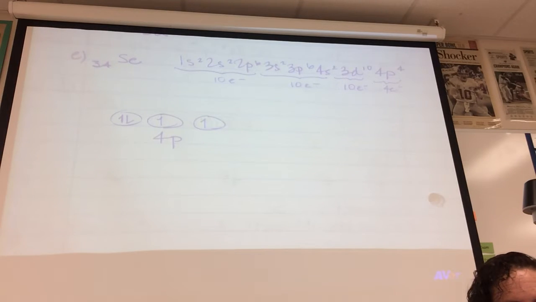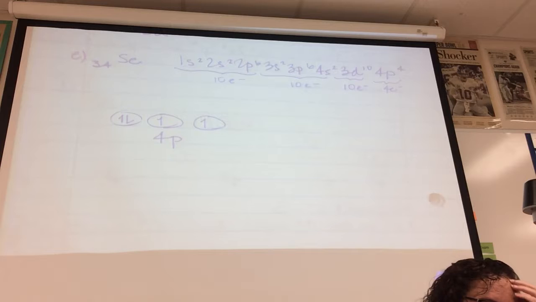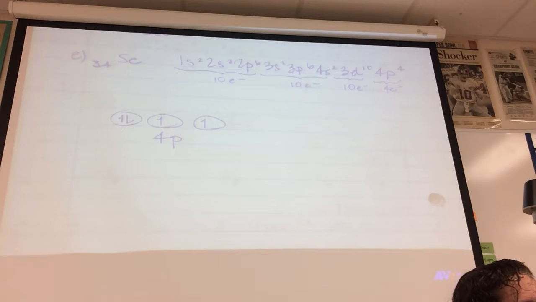Like for 3D, instead of 10, how do you get that top number? Because how many D's can you have? How many orbitals for D? It's 5. That's based on the 2L plus 1. So D has an L of 2. 2 times 2 plus 1 is 5.